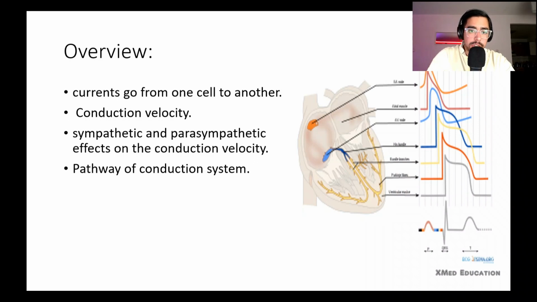This is different from what we talked about in our previous lecture, where we discussed the sympathetic and parasympathetic effect on the SA node, which had a different mechanism than this one. And in the end we're going to talk about the pathway of the conduction system.